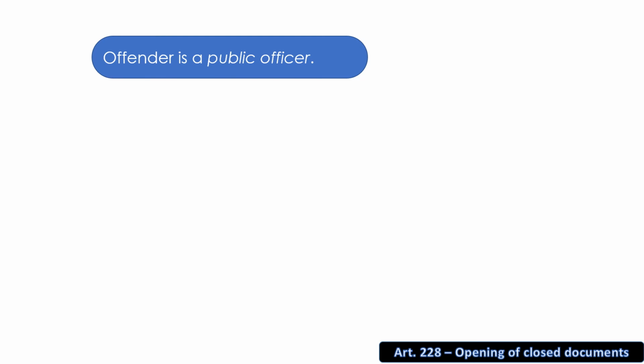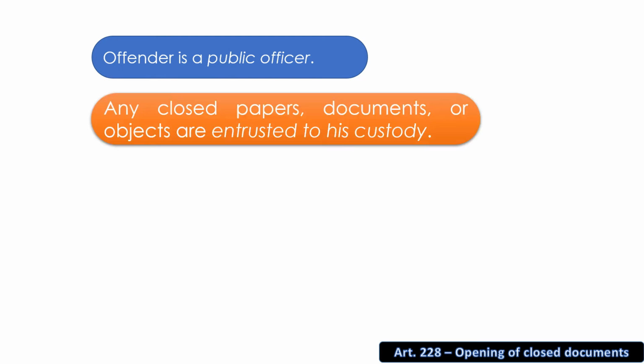So let's go to Article 228, that is the opening of closed documents. So who is our offender? The offender is again a public officer, and that public officer was entrusted to his custody any closed papers, documents, or objects. Take note, closed papers, documents, or objects.